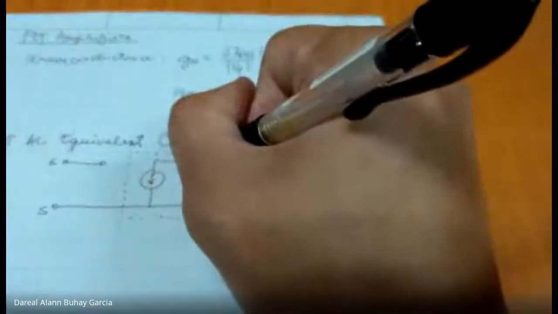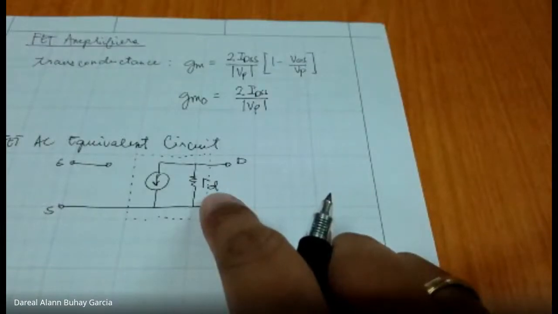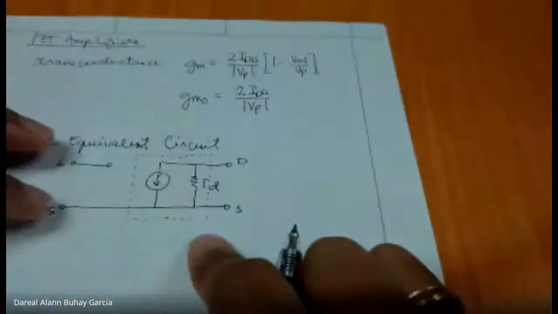So this is the internal resistance of our transistor, RD, no? RD siguro siya because of the drain, no? Drain resistance, drain to source RD. And voltage VGS. And this is the dependent current source. So this is the current from drain to source.